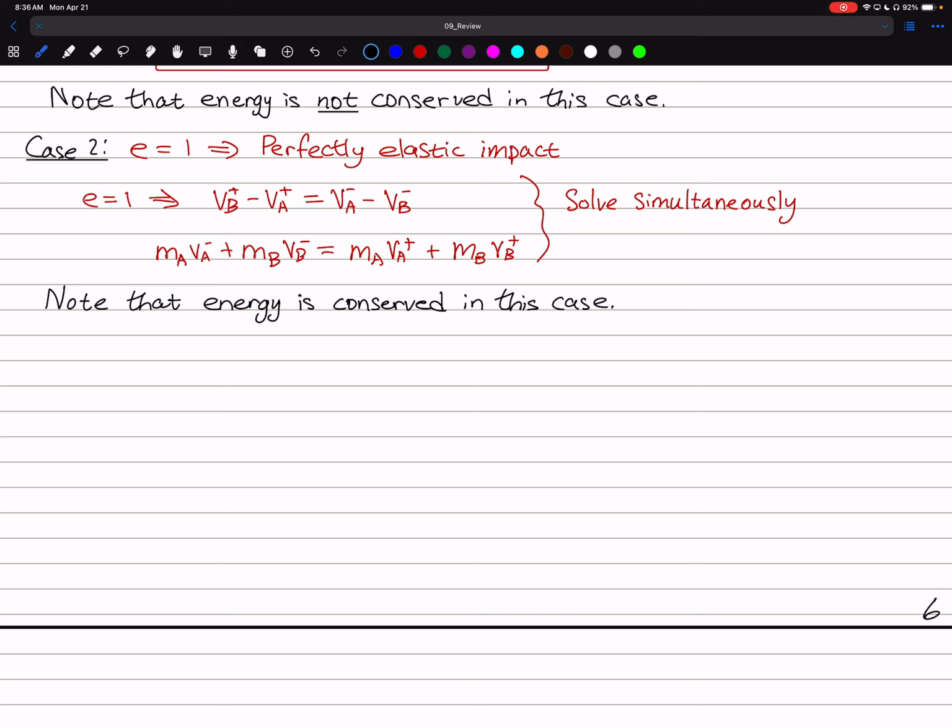If you wanted to use conservation of energy, it's probably just more complicated than the other things. It depends on what's happening.